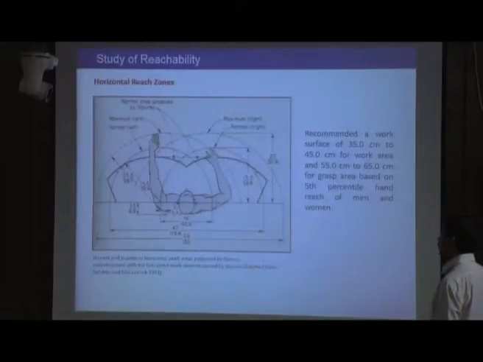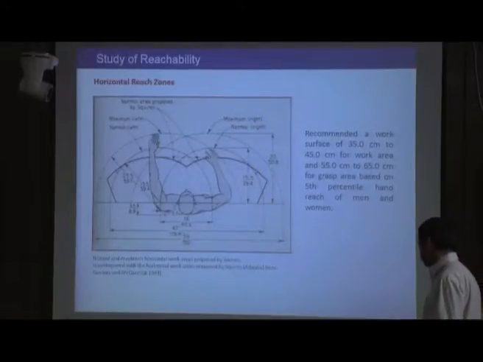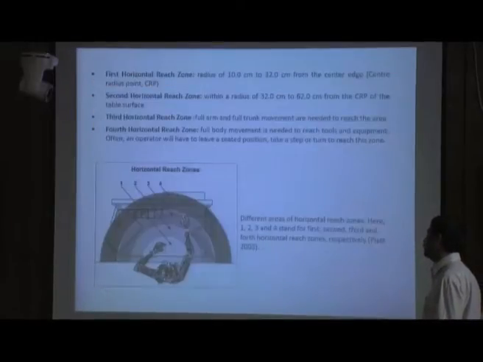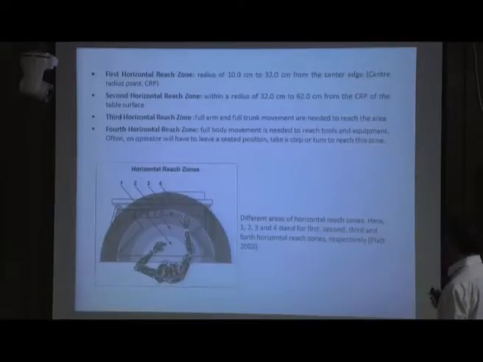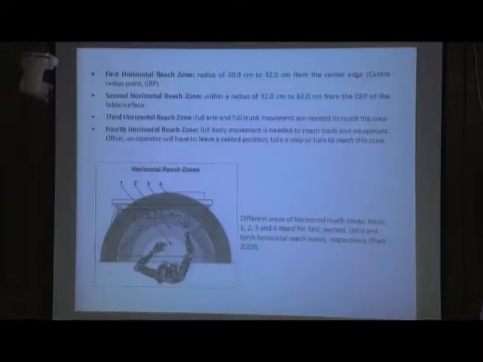So you can go through these sources and you can read more to understand about reach zones. Now there are different types of reach zones. From that person on that horizontal work surface, we can categorize like this way: 1, 2, 3, 4. These are the different reach zones based on the level. The first level, nearby the body, that area is difficult to use.